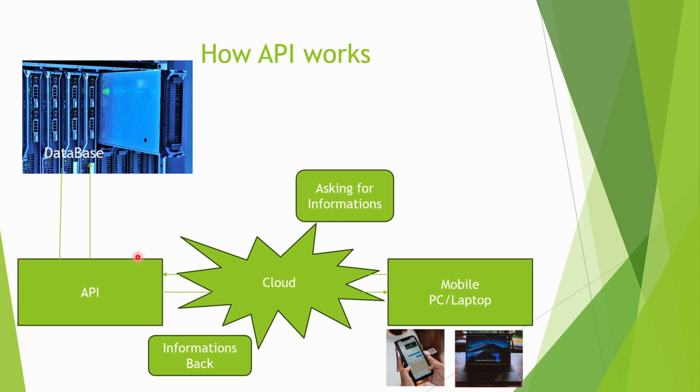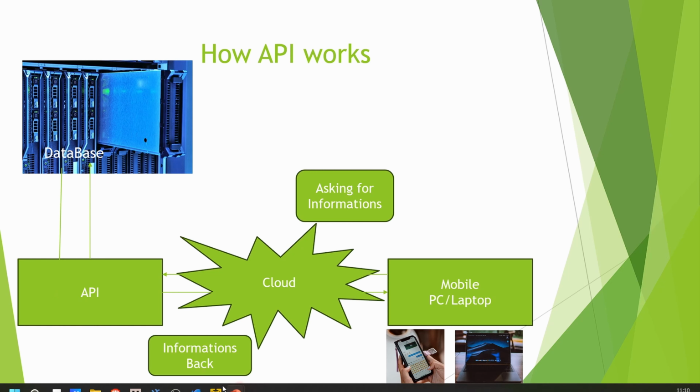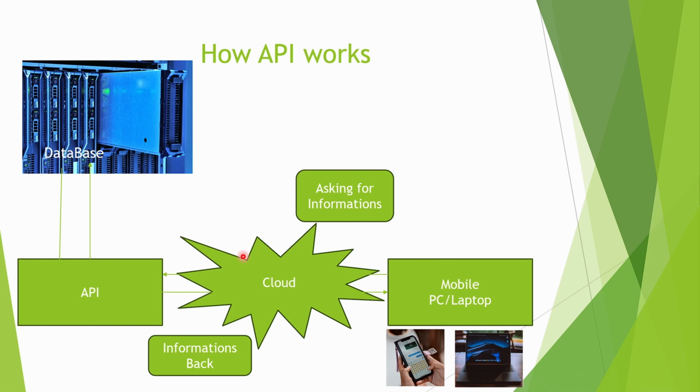The API collects your request, collects the information from the database, then sends the information back to you. This is a simplified way of how an API works, just to give you a general idea of how APIs work and where they sit in collecting data, in our example, for a weather application.